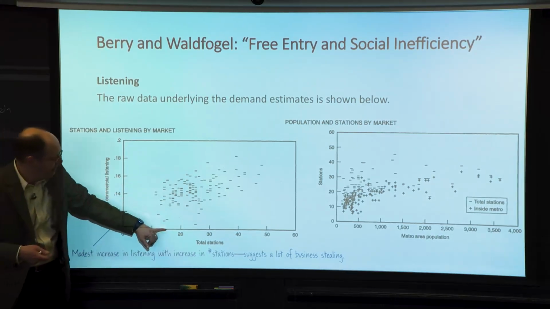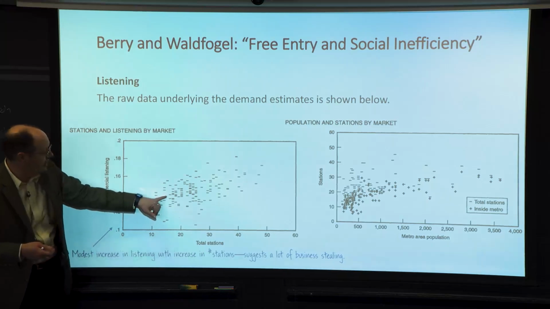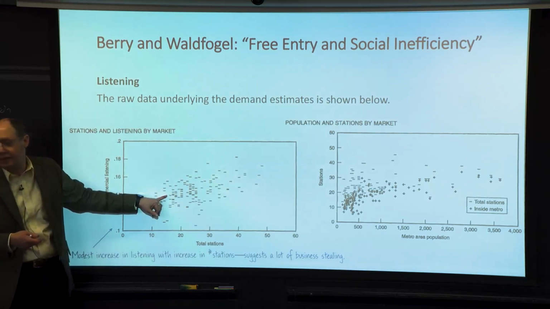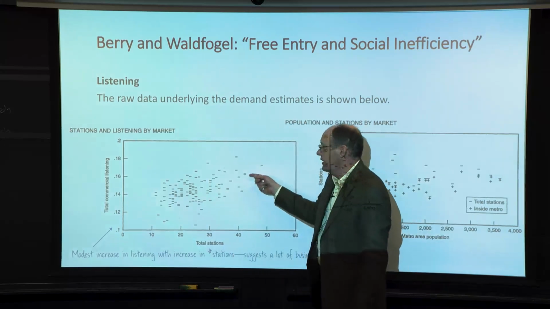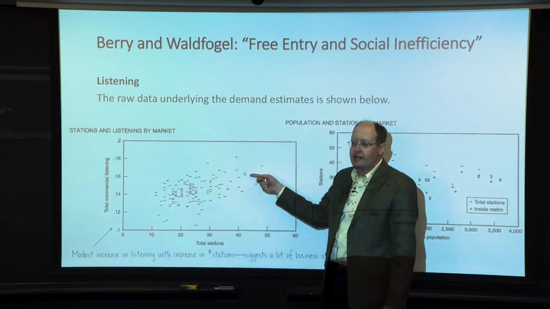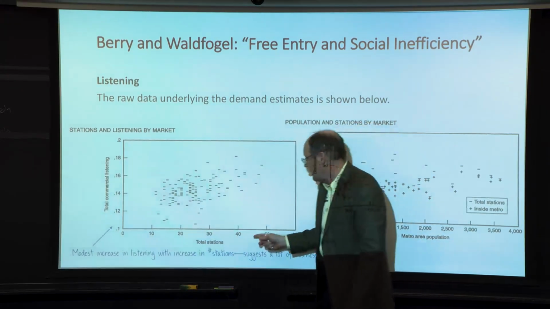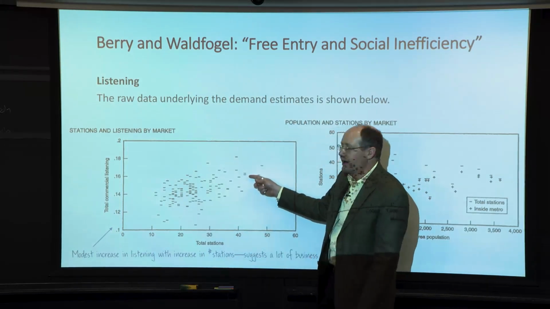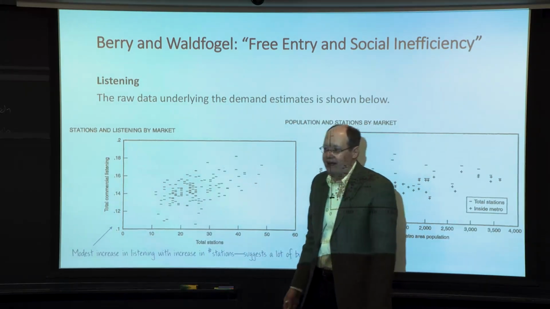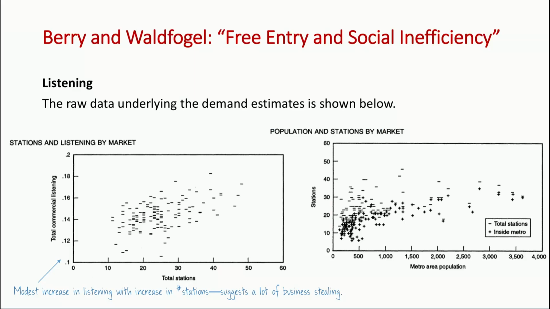So when you have 15 radio stations, it's looking like you're getting 14% of the people listening to the radio. When you have 45 radio stations, you're getting like 15 or 16. So we're tripling the number of radio stations in the market, and listening is going from 14% to 16% or something like that. So this is saying that it does seem like radio station entry is mostly business stealing.